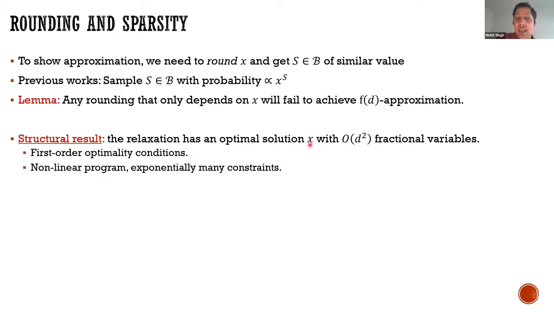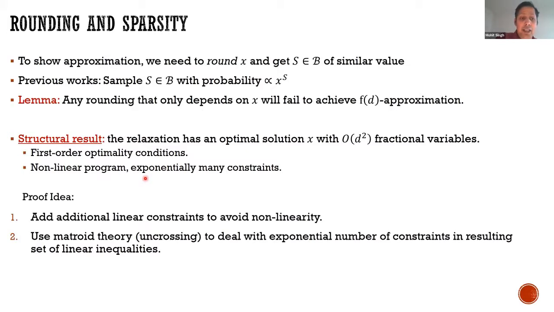So the structural result is actually to show that this relaxation has one optimal solution which only has order d square fractional variables. And the way to do that is we write down the first order optimality conditions. Unfortunately, the first order optimality conditions are non-linear and they're exponentially many. And how do we get rid of these? So the main idea is to introduce additional linear constraints to avoid these non-linearities.